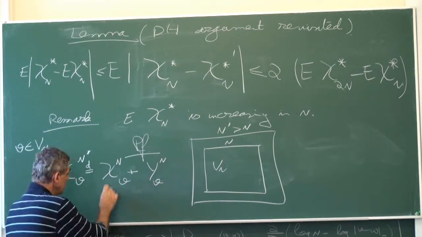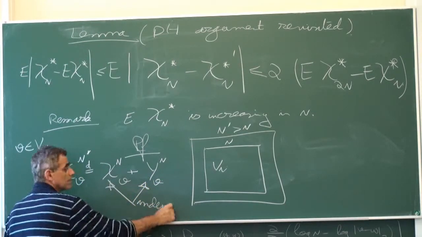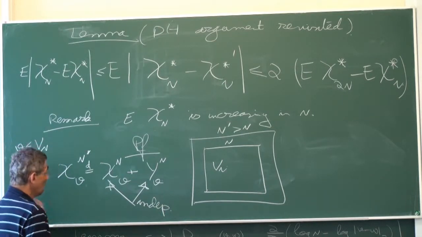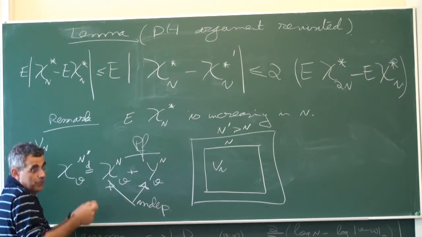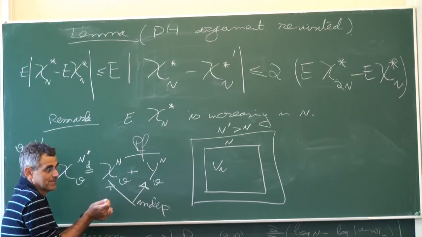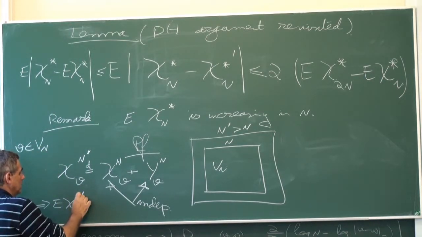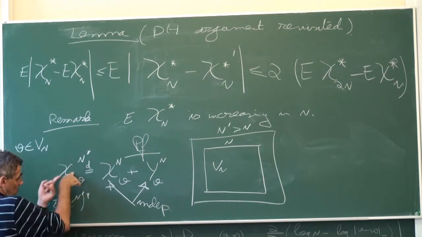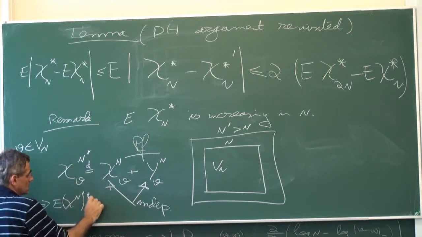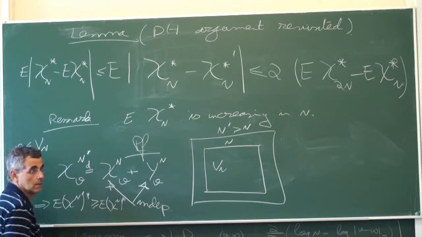Both are zero mean, and they are independent. Okay? So we saw that if I have a sum of two independent fields, the expectation of the maximum just increases. So this gives me that the expectation of X_{n'} star, which is of course larger than the expectation of the maximum over these v's, is larger than the expectation of X_n star.